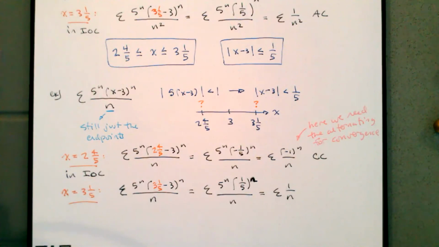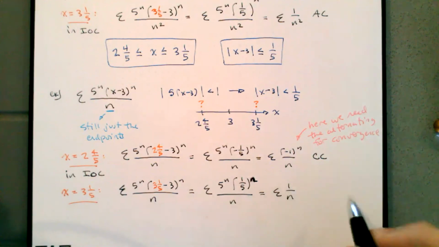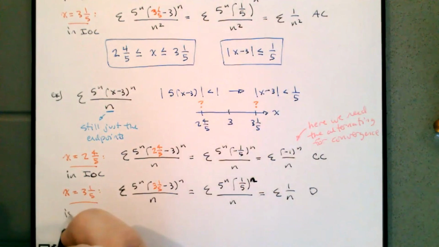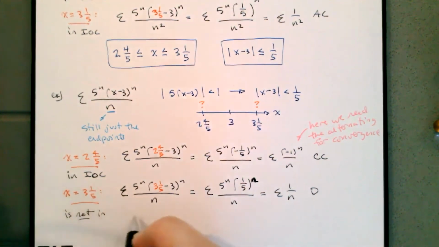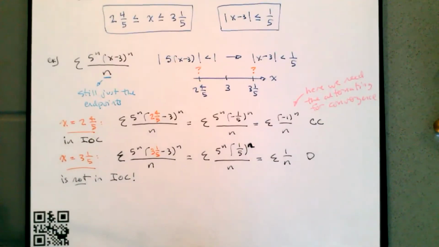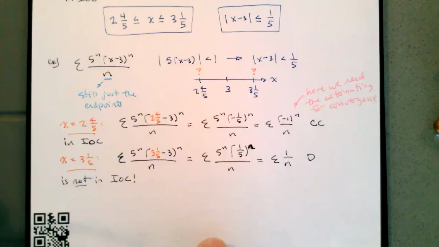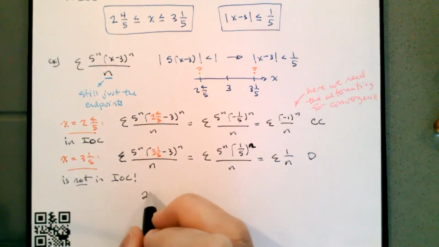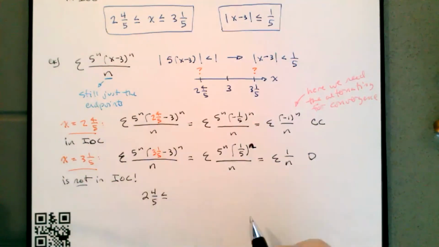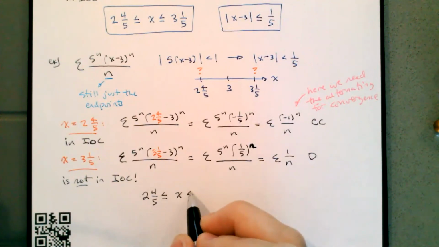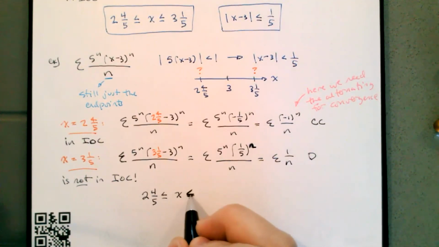So when x is 3 1/5, the power series looks like 1 over n, which diverges. So 3 1/5 is not in the interval of convergence. So I don't get to use an absolute value inequality. I can just say the interval of convergence: 2 4/5 is included, so I'll put the or equal to there. But 3 1/5 is not, so I will not be able to put the or equal to.